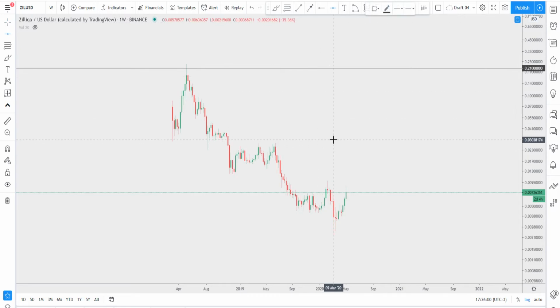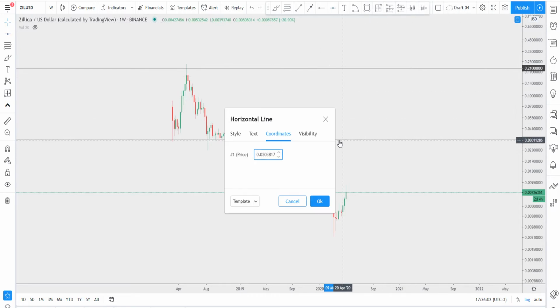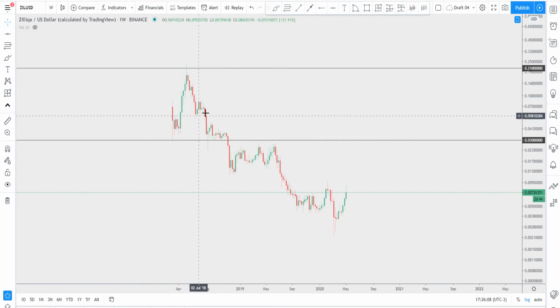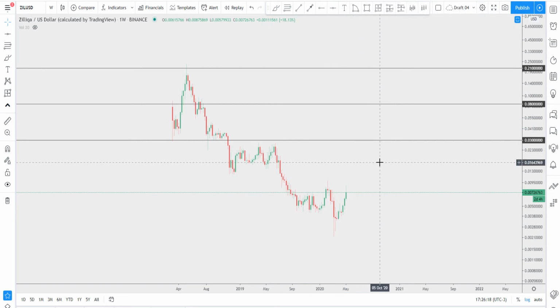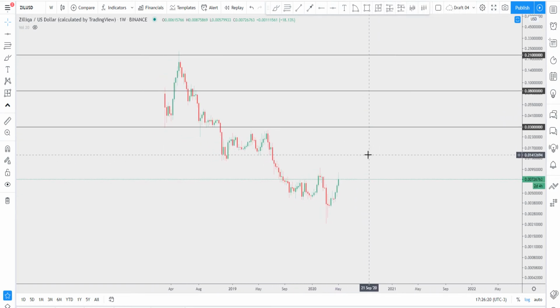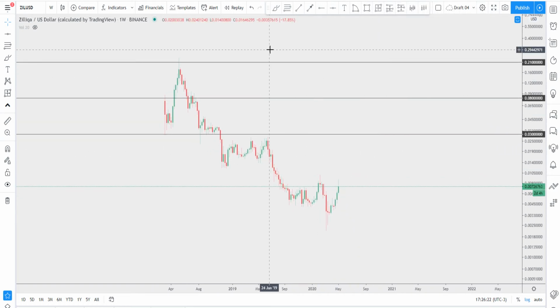Let's take a look at the second. Let's see if there is another one here. Yes, we had another one. I almost can see the confluence.